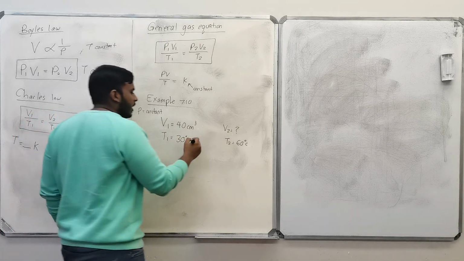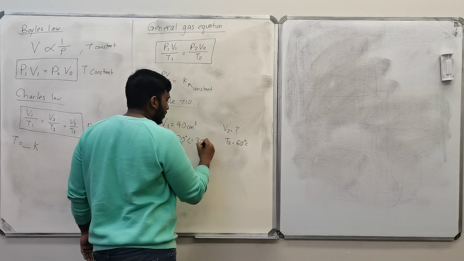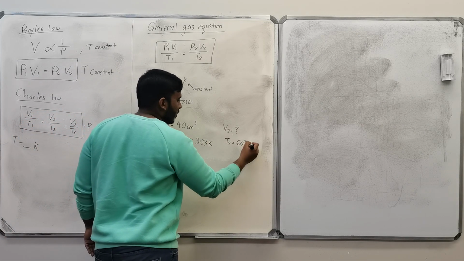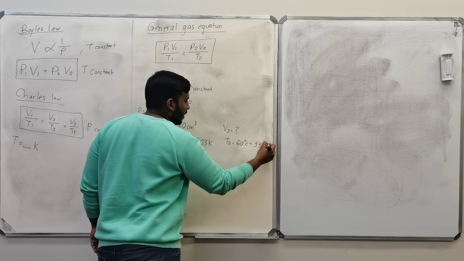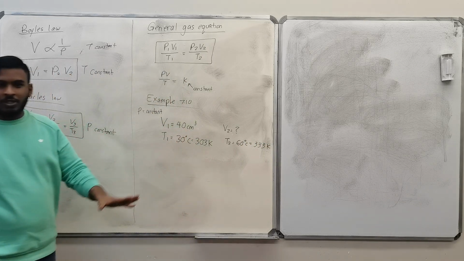So, this here will come out to... how do you convert to Kelvin? Add 273. So that's our temperatures in Kelvin.